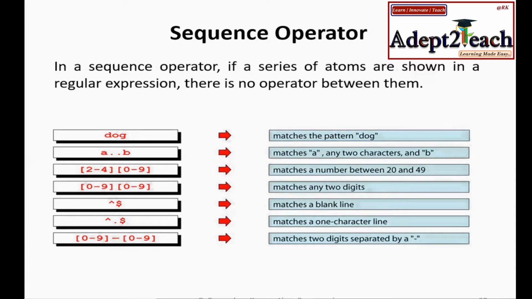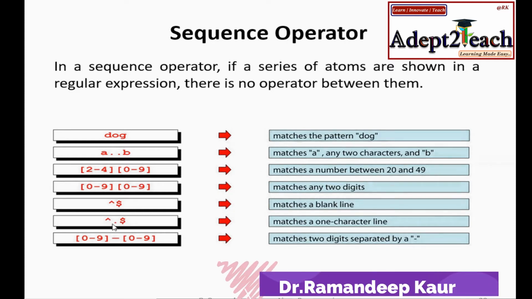If you are searching for only one character line, that means there should be only one character, let's say A or B, and nothing else, nothing preceding A and nothing succeeding A. So in that case, you can use first your caret operator, put a dot and a dollar sign. So caret means nothing before that, the starting should be only one character, and dollar at the end means the ending is also one character.